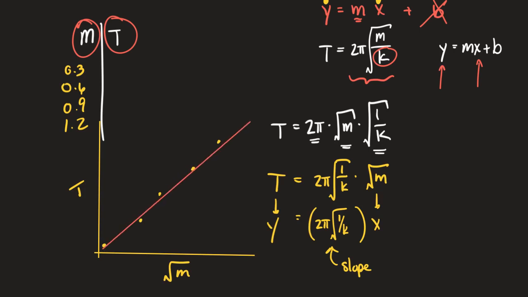So slap your ruler down, find a straight line, and you're not done yet because this is where it actually gets kind of hard. When you find that slope, that is not k. That slope will be 2 pi times the square root of 1 over k. So now you have to solve that for k.